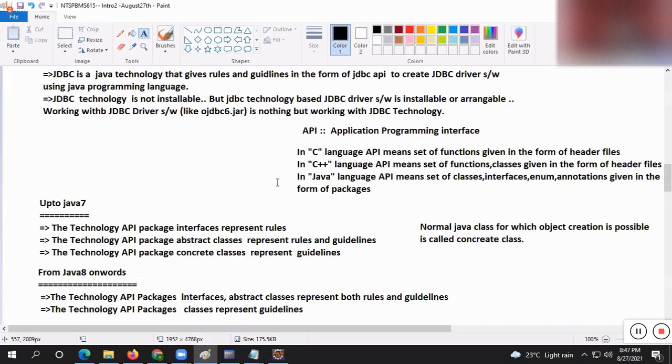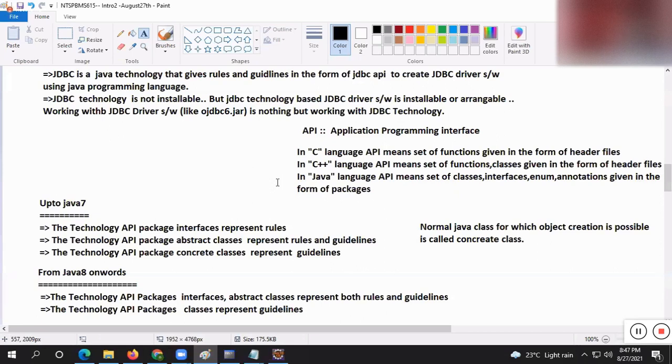While working with core Java, you never added any jar file. You directly used the language to develop the application. Yes. But while working with advanced Java, observe, in JDBC we have added jars. In Servlet we have added jars. Everywhere we are adding jars, right?